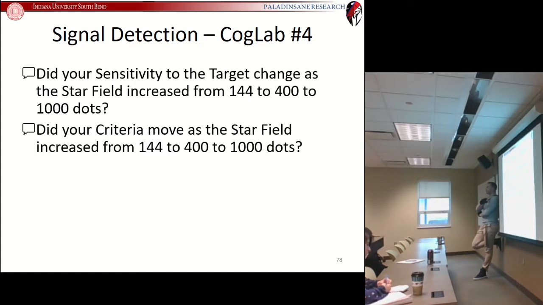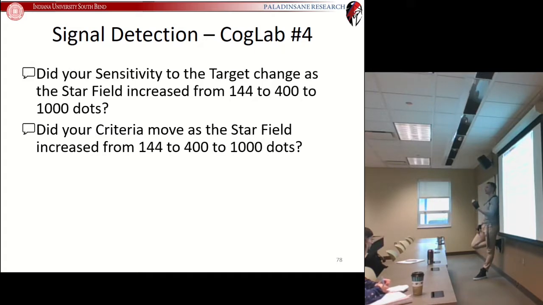So it can get so bad, and your noise distribution can get so close to your signal plus noise distribution that you're basically at 50-50. You're basically guessing. And as you can see, we got there for the noise distribution in the 1,000 star field.